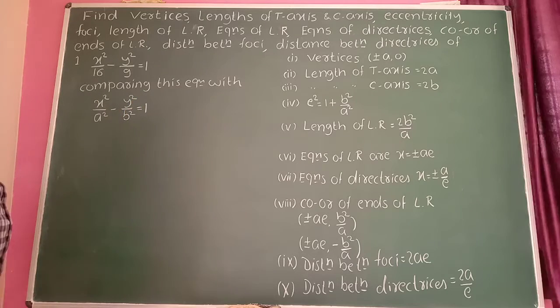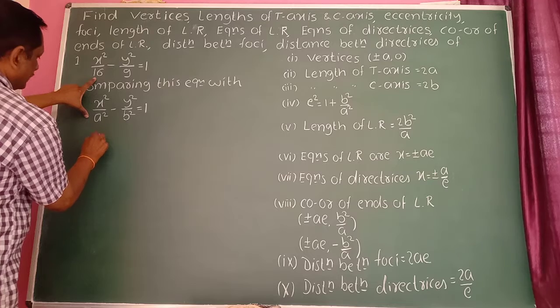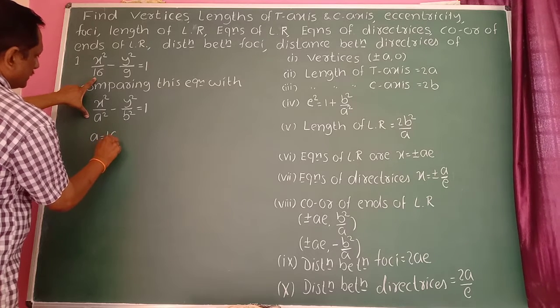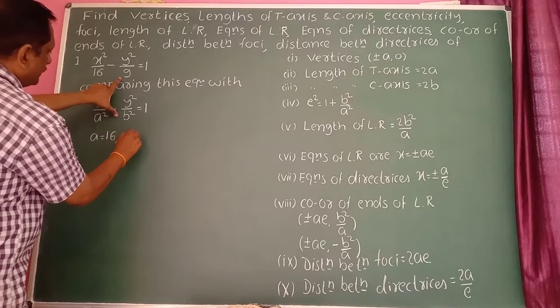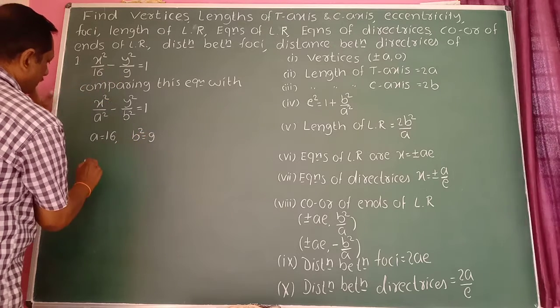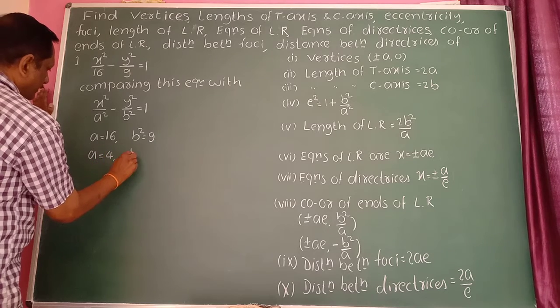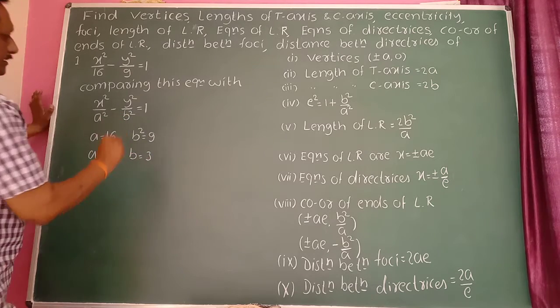So a square is equal to 16 and b square is equal to 9. Then a value is 4 and b is equal to 3.